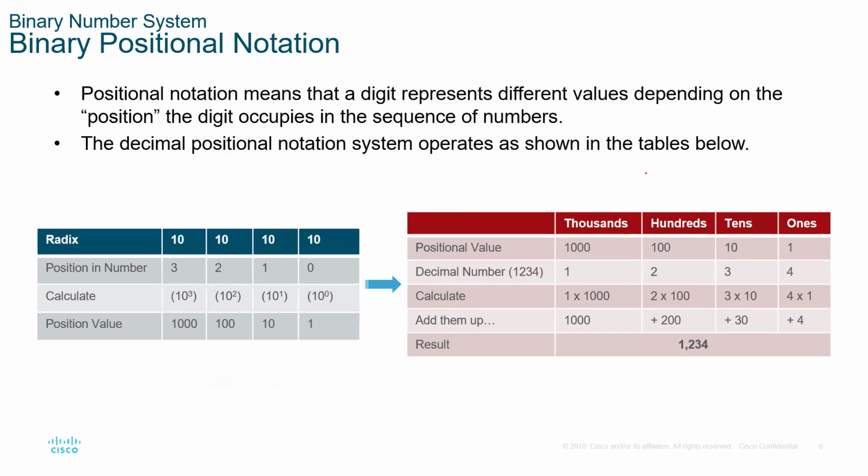Positional notation means that a digit represents different values depending on the position the digit occupies in the sequence of numbers, because we want to position binary bits. The reason for this positioning of the binary notation is so that we can do conversion.